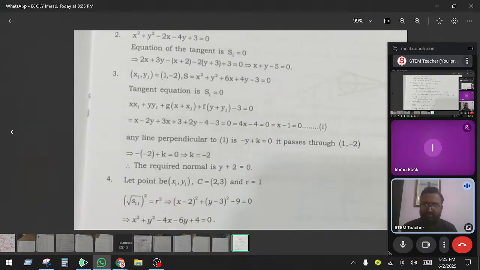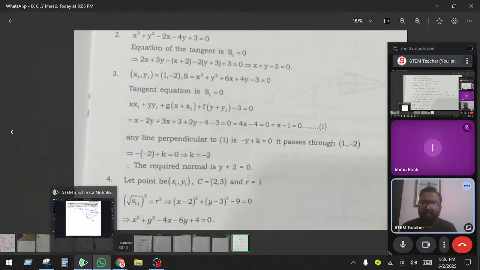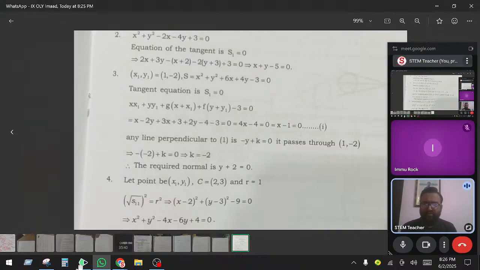That is the equation. The point is, it is the center. Why did he take that point? One tangent will come because it is passing through. x1, y1 is the center.